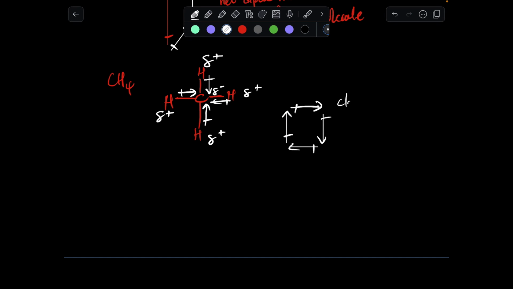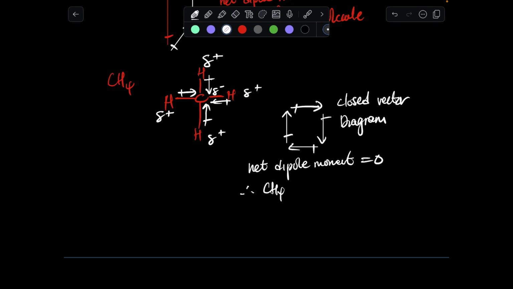This is a closed vector diagram, which means the net dipole moment is equal to zero, and therefore methane gas is a non-polar molecule, right?